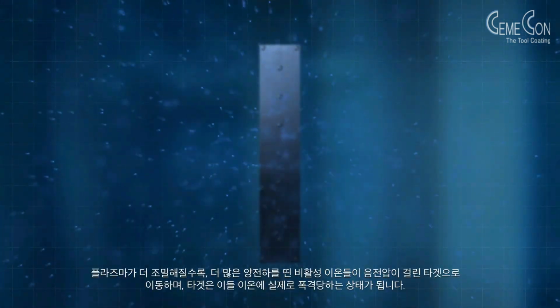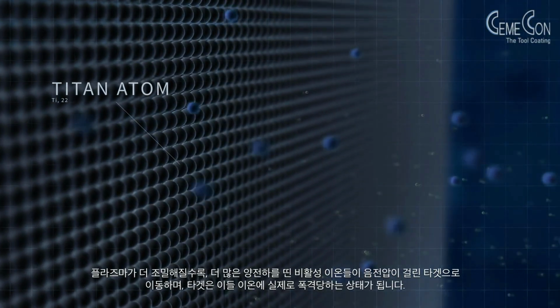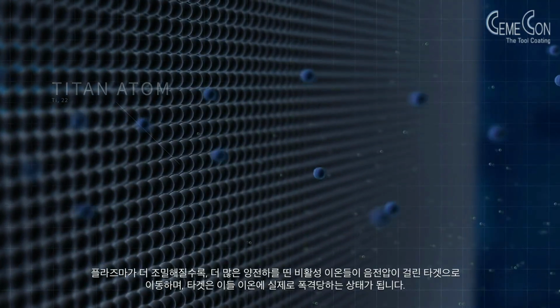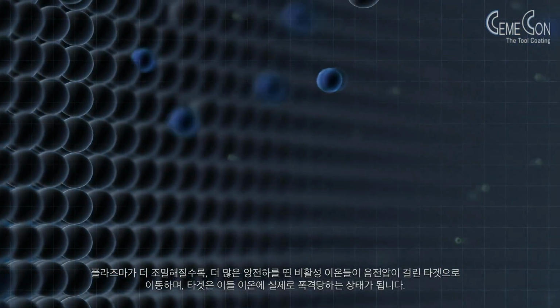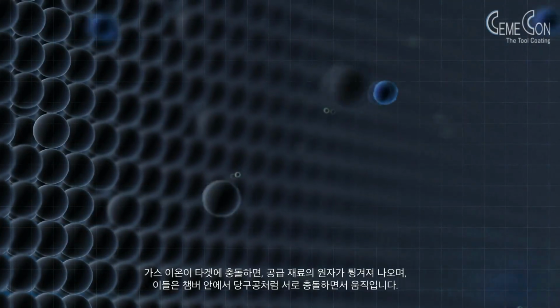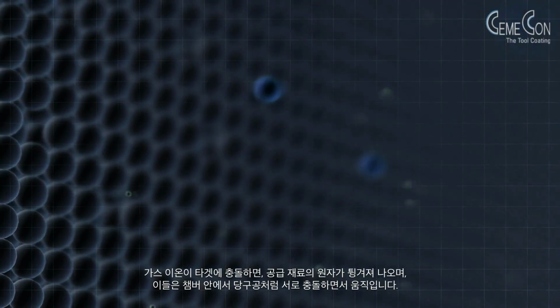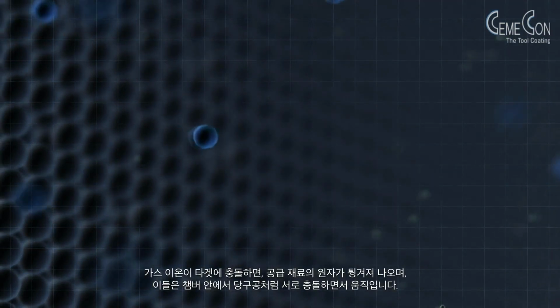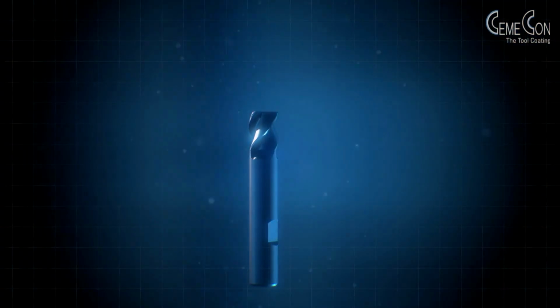The denser the plasma becomes, the more positively charged inert ions make their way to the target, which has a negative voltage and is now literally bombarded by the impinging gas ions. When the gas ions impact the target, donor material atoms are knocked out of the donor material and now move through the chamber like billiard balls striking each other.